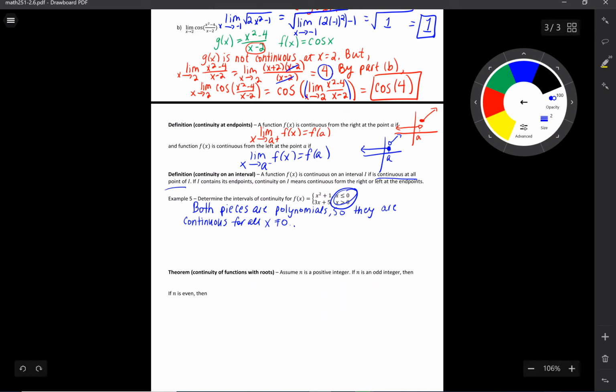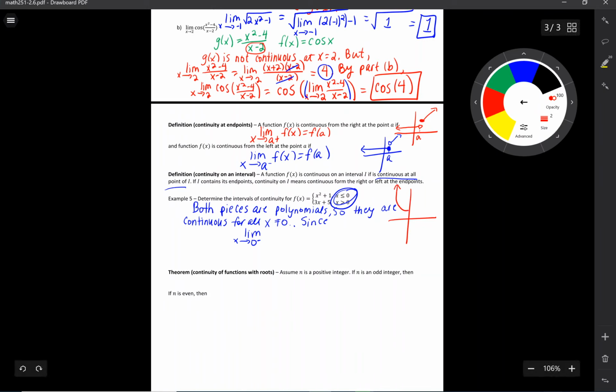So I see that the limit as x approaches 0 from the left. Actually, you know what, let's draw this function real quick. For x less than or equal to 0, I have x squared plus 1.